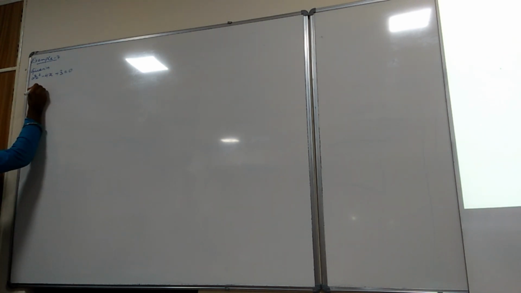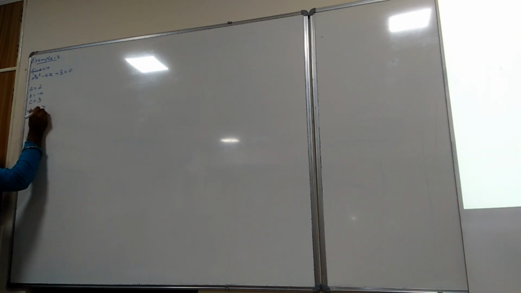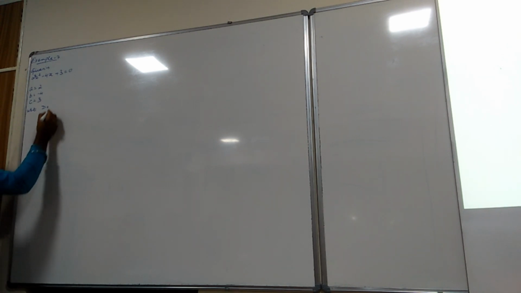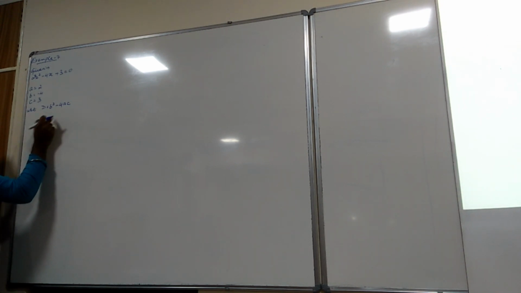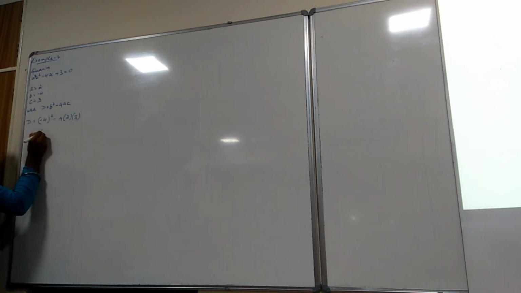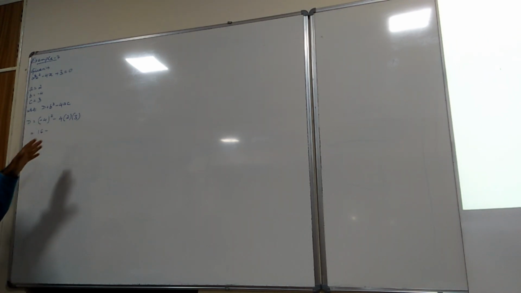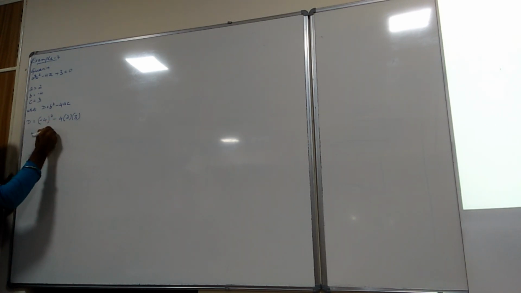So what is a? 2. b is minus 4. c is 3. We know that D is equal to b square minus 4ac. Substitute the values. D is equal to minus 4 whole square minus 4 into 2 into 3. 16 minus 4 2s are 8, 8 3s are 24.